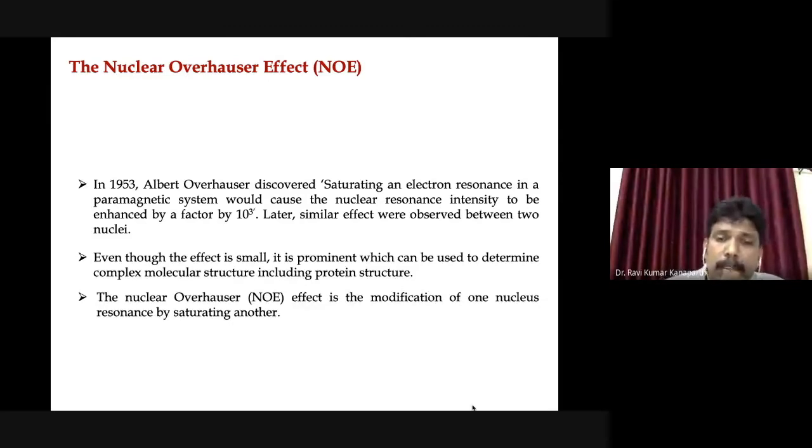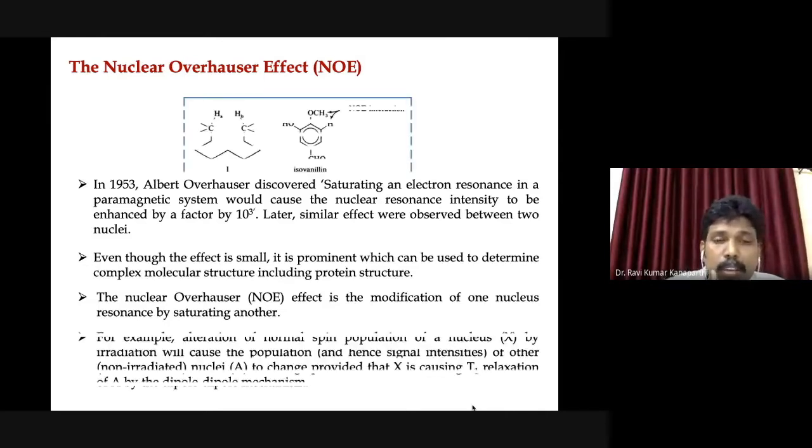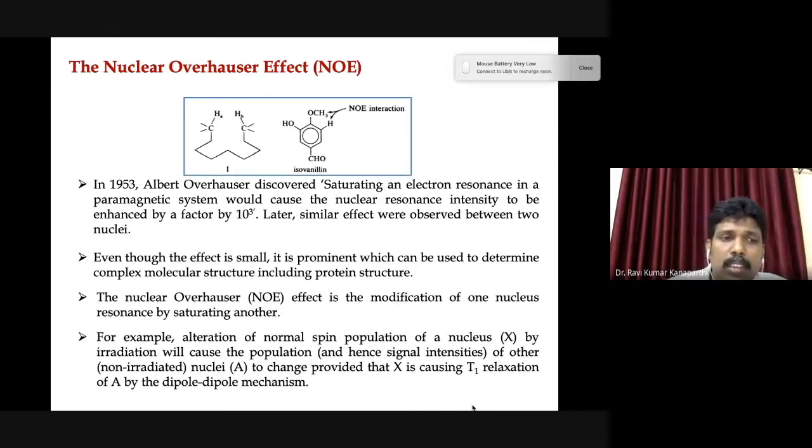Basically, the modification of one nucleus's resonance by saturating the other nucleus is referred to as the nuclear Overhauser effect. Let's say there are two nuclei which are very close by in space.